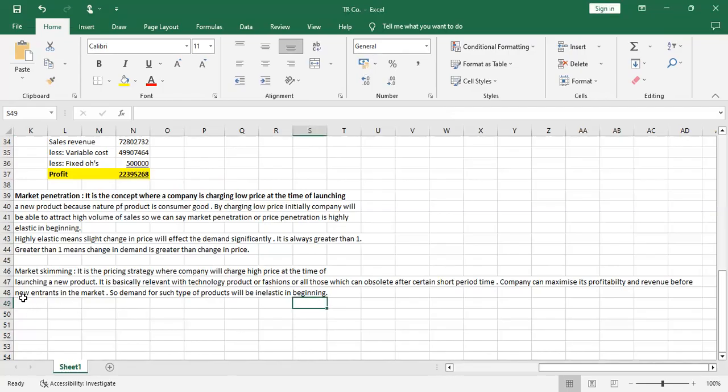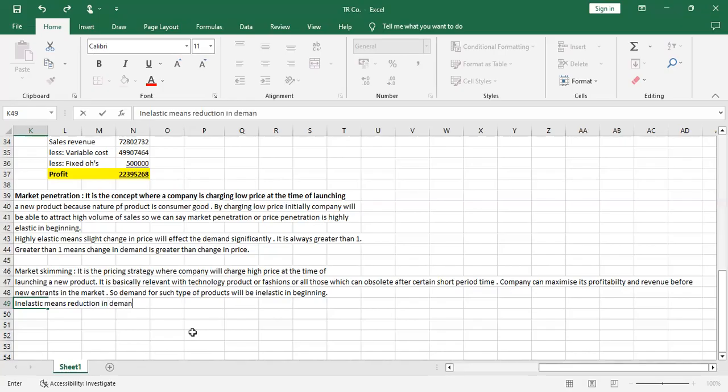Next, we can explain, or we can write the definition of inelastic. Inelastic means reduction in demand will be less than increase in price, or vice versa.